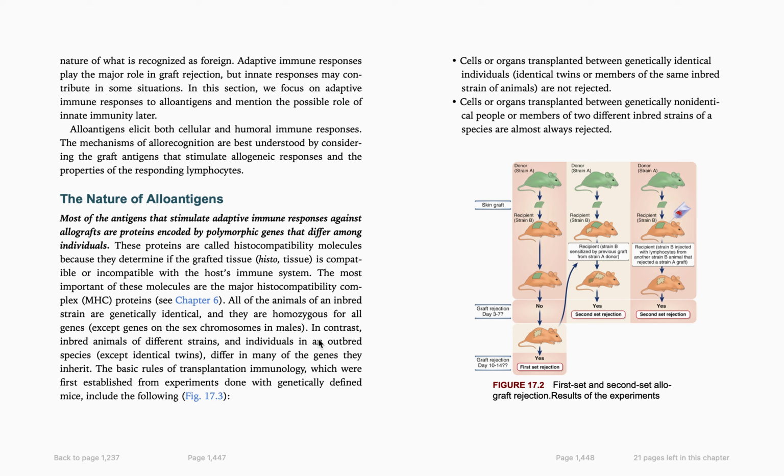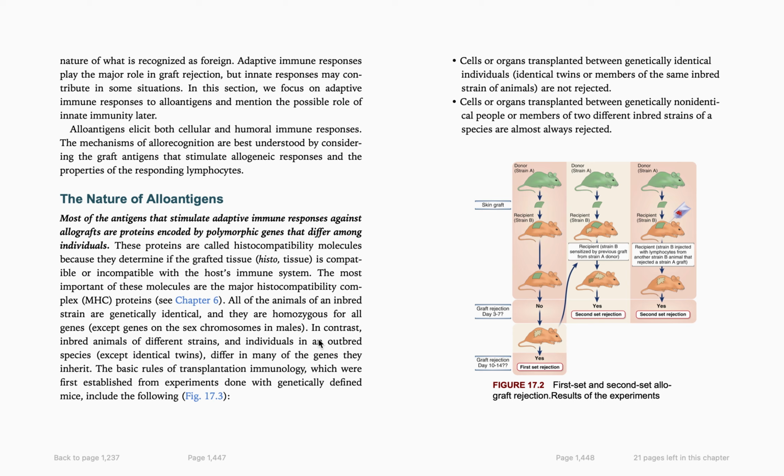These proteins are called histocompatibility molecules because they determine if the grafted tissue is compatible or incompatible with the host immune system. The most important of these molecules are major histocompatibility complex proteins, already discussed in chapter 6.